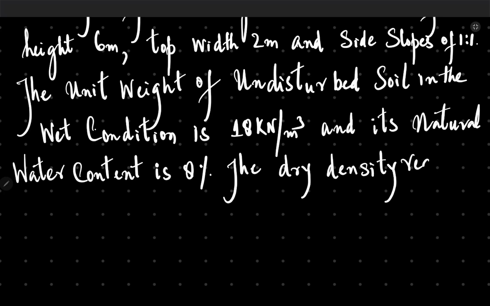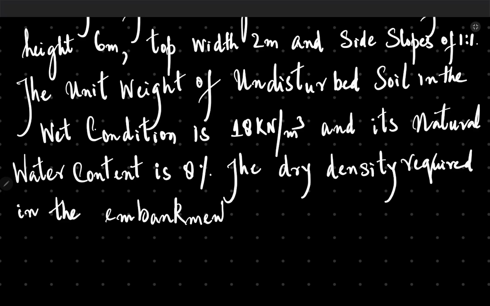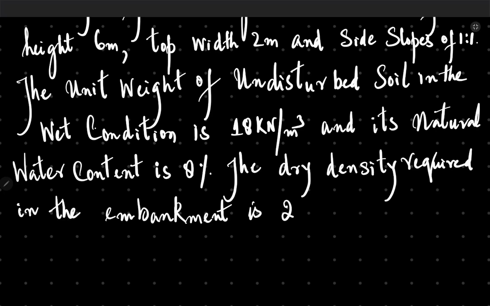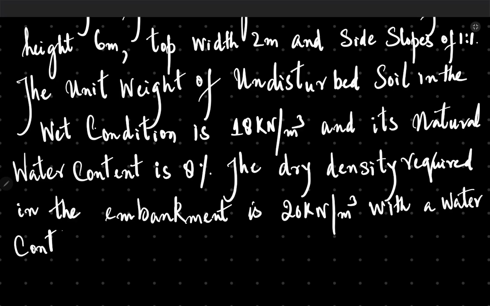The dry density required in the embankment is 20 kilonewton per cubic meter, with the water content of 10%.